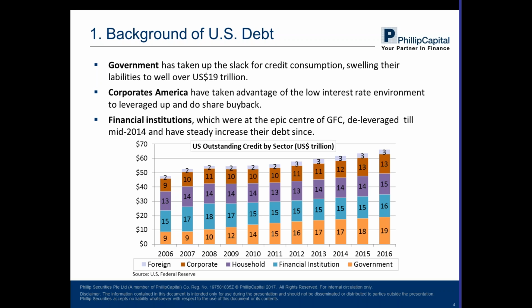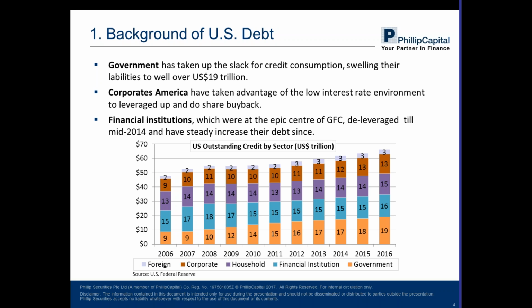So the balance sheet of corporate America is getting more leveraged. For financial institutions, this is something that's interesting. They were at the heart of the global financial crisis in '08. Subsequently after '08, they deleveraged quite heavily until mid 2014, whereby they re-leveraged again. You can see that their credit is moving up.